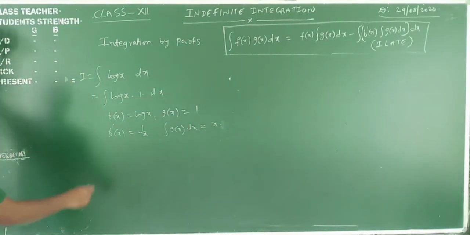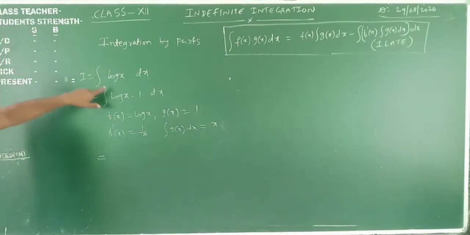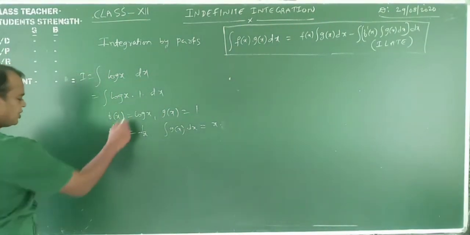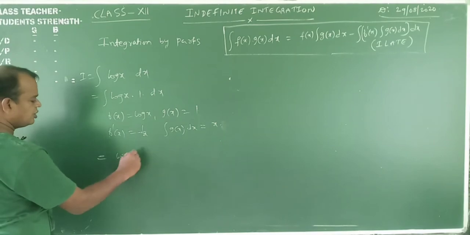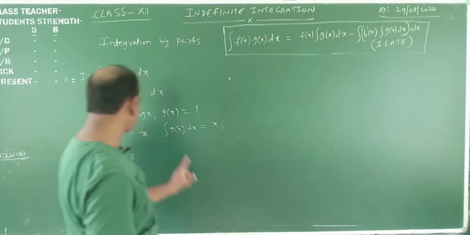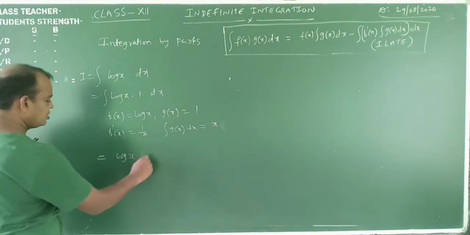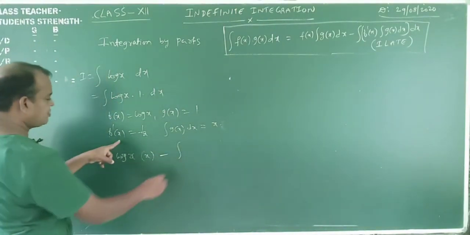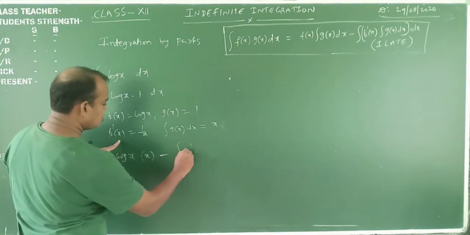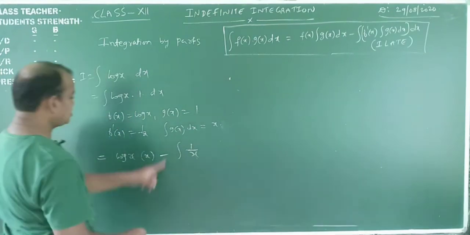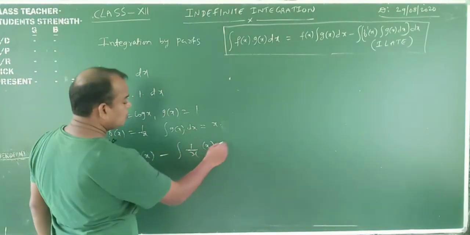Now substitute directly into the formula: f of x, which means log x, into integral of g of x dx, which means x, minus integral of f dash of x, which means 1 by x, into integral of g of x, which means x, whole dx.